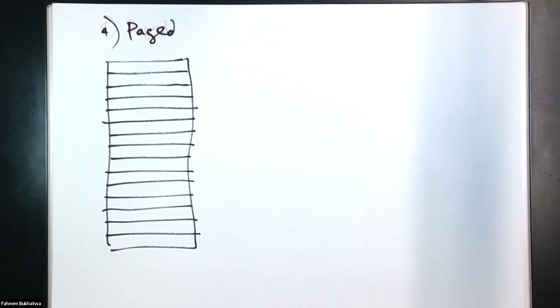But in page system, when the computer starts, we divide memory into equal size parts of memory. Reasonably small, they're not big, but they're not too small to become fragments. They're a little bit bigger than fragments, but still, they're not really large.